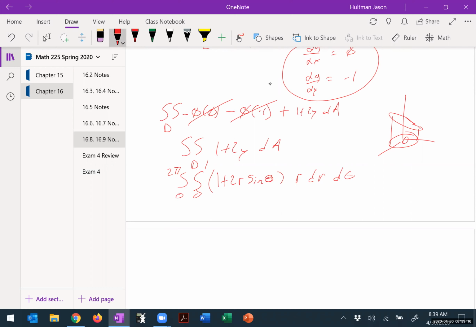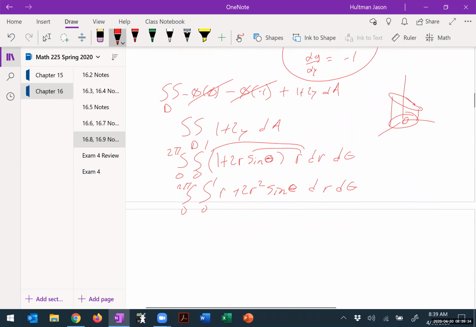Okay, so let's just distribute r. This is r plus 2r squared sine theta dr d theta. Integrate from 0 to 1 and 0 to 2 pi. Now let's integrate with respect to r: r squared over 2 plus 2/3 r cubed sine theta evaluated from 0 to 1.